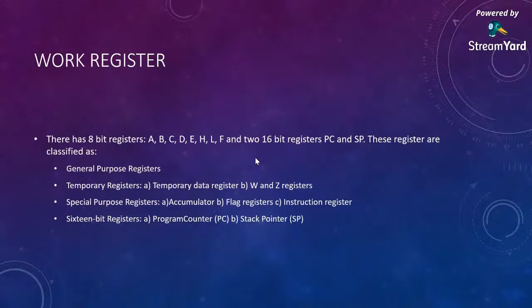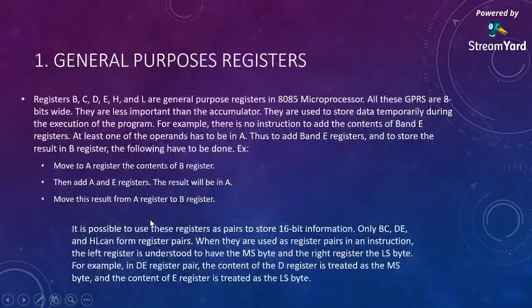I already told you that there are pairs of registers. We call them general purpose, temporary, special purpose, and 16-bit registers. General purpose registers are B, C, D, E, H, and L. They are used to store data temporarily during the execution of the program. For example, there is no instruction to add the contents of B and E registers.